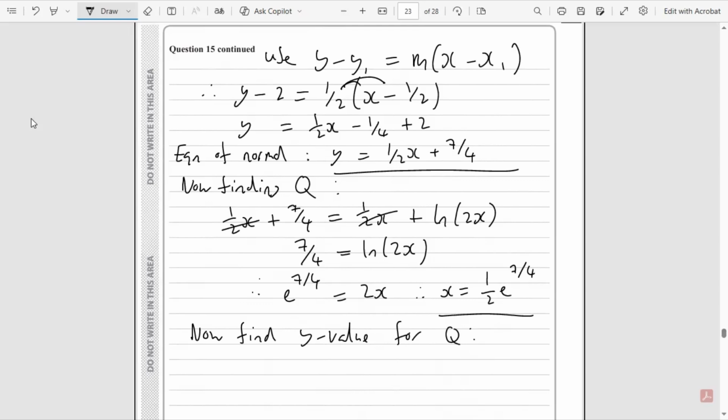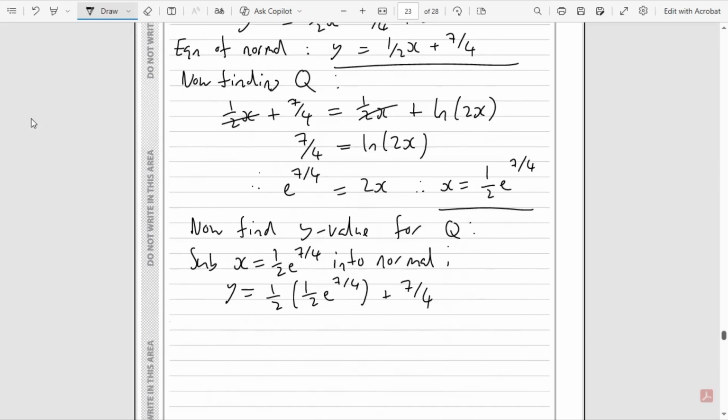What we just do is sub in that x coordinate we just found into either the curve, C2, or the line. I think it's probably easier to sub into the equation of the line, the normal line. So we're going to sub x equals half e to the 7 over 4 into the normal. So the y value is going to be a half multiplied by the x value, so multiplied by half e to the 7 over 4, and then plus 7 over 4 for the plus c.